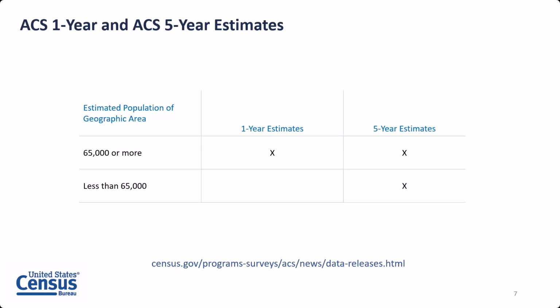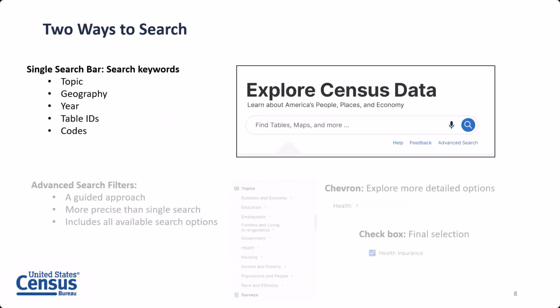So for smaller geographies, smaller counties, smaller towns and cities that fall under that 65,000 population threshold, that will not be available with the 1-year estimates, but again, it will be available with the 5-year. So just wanted to point that out before we jumped into our search.